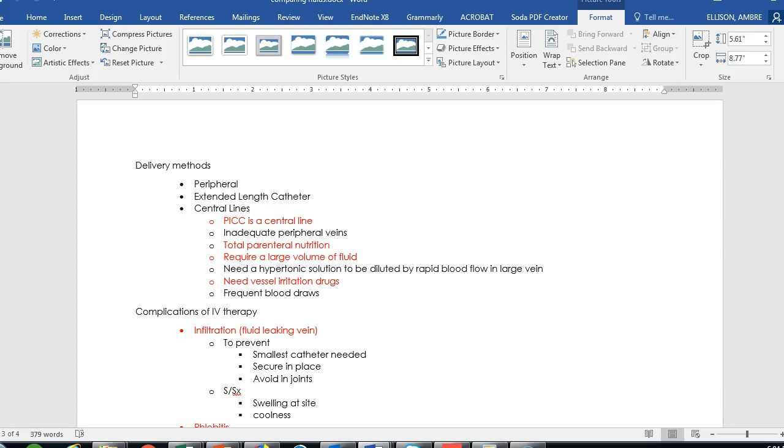So some reasons to have a central line: you have a patient that is on total parenteral nutrition, they require a large volume of fluid, they need medicines that could cause vessel irritation, such as vasopressors or a lot of IV potassium. Anything that can cause vessel irritation is a vesicant, and usually they need a central line.